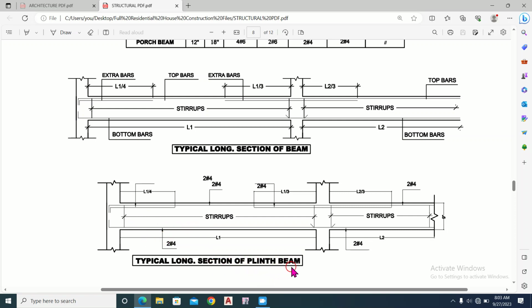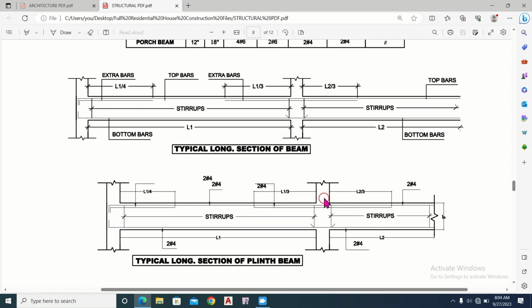The cross section of the plinth beam we have discussed in the previous video, so in this video we have to discuss the long section of the plinth beam. This is the plinth beam. This is the end of the plinth beam at the edge.